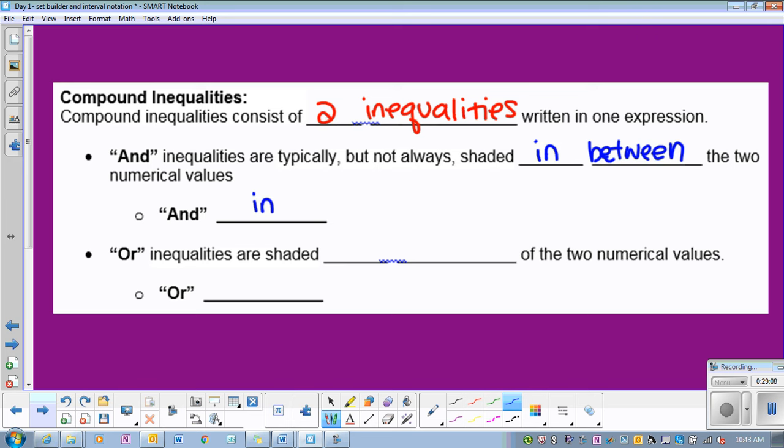Or inequalities are shaded outside of the two numerical values. So they're going out. Okay, so or for out.